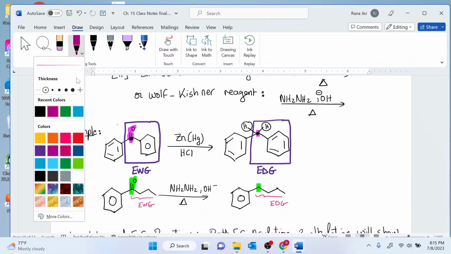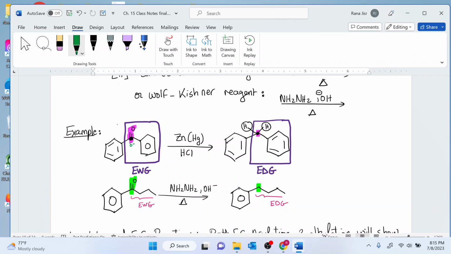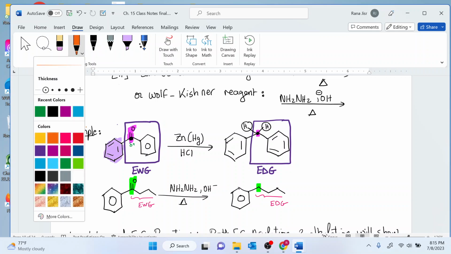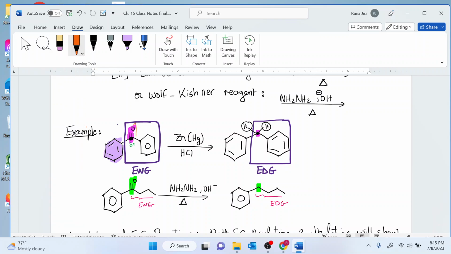We said that an electron withdrawing group is a group that has a partial positive charge directly connected to the benzene. And here the carbonyl has a partial positive charge because of the oxygen. The oxygen is an electronegative element, so that oxygen is going to pull electrons away from the carbon.